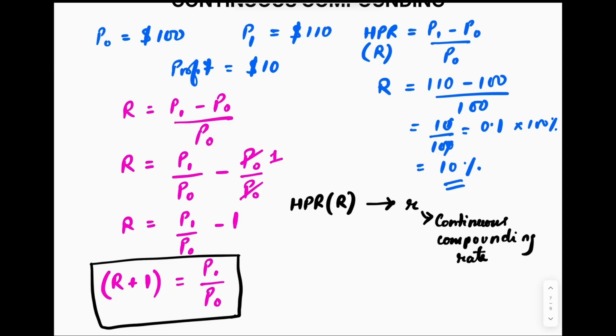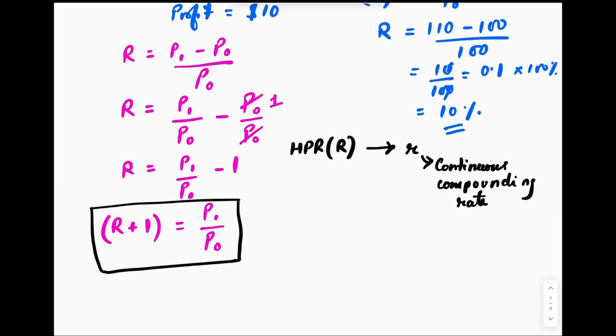For now, just forget what continuous compounding exactly is and what this small r is. I'm going to eventually tell you. Just remember this fact: whenever, from the holding period return, you want to calculate small r, you are going to use this formula which I am going to tell you.